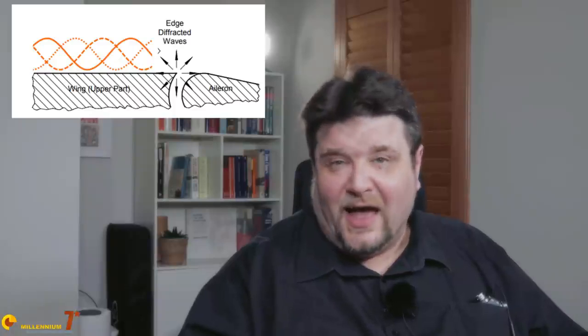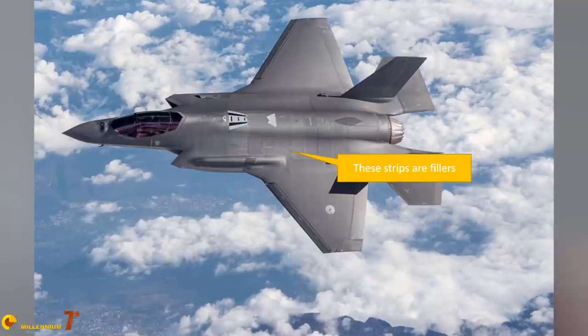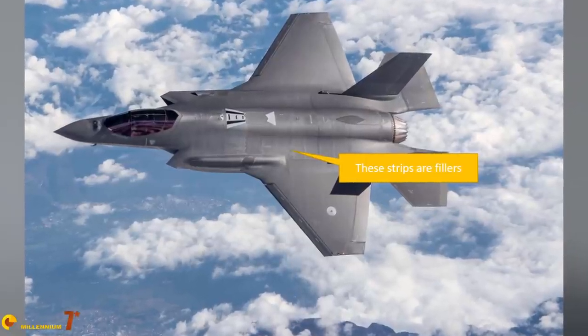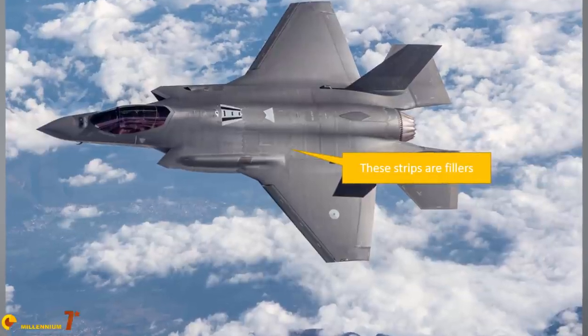Discontinuities are unavoidable, so something needs to be done to manage them. Fillers made of radar-absorbing materials can be used between the panels. It is actually very visible on the F-35, where there are those gray strips at various points of the plane. Those are additional fillers of radar-absorbing materials.